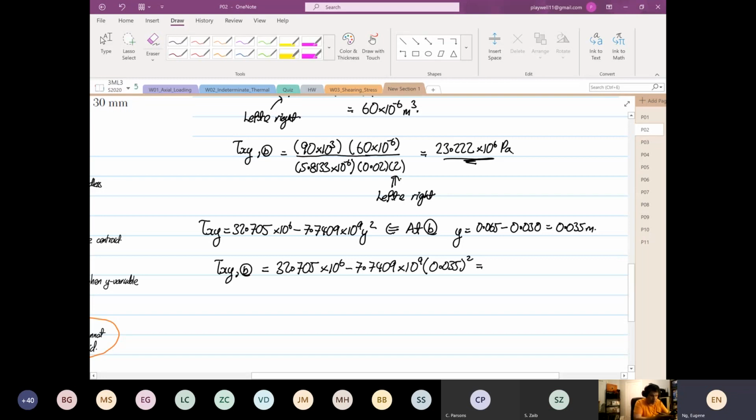Okay, so 0.035 squared times 7.7409 power 9. Then you get 32.705 power 6 minus the expression. Oh, syntax error. Sorry, my bad. Minus 7.7409 power 9 times 0.035 squared. So it's 23.222, the same, times 10 to the power 6 Pascal.